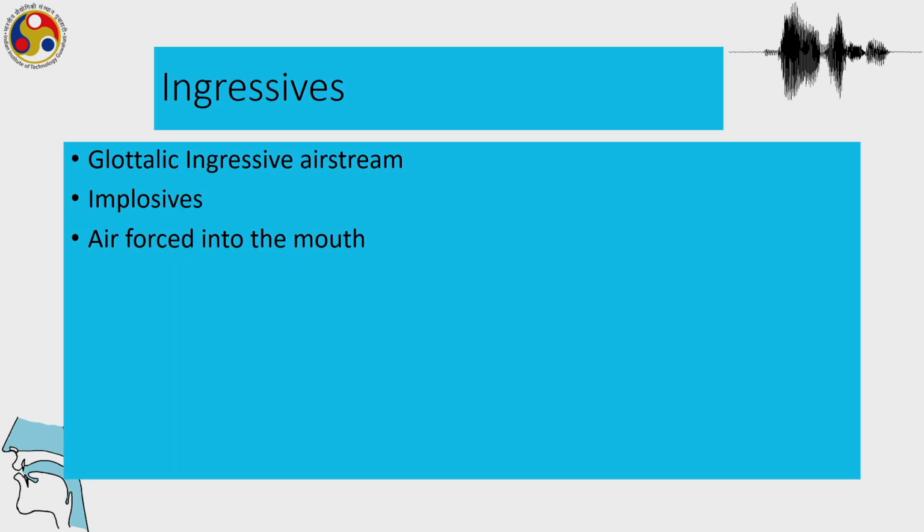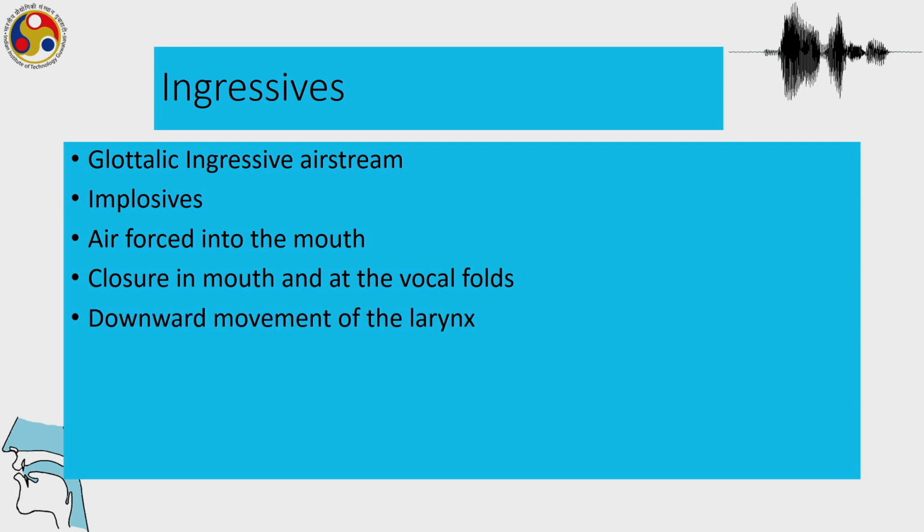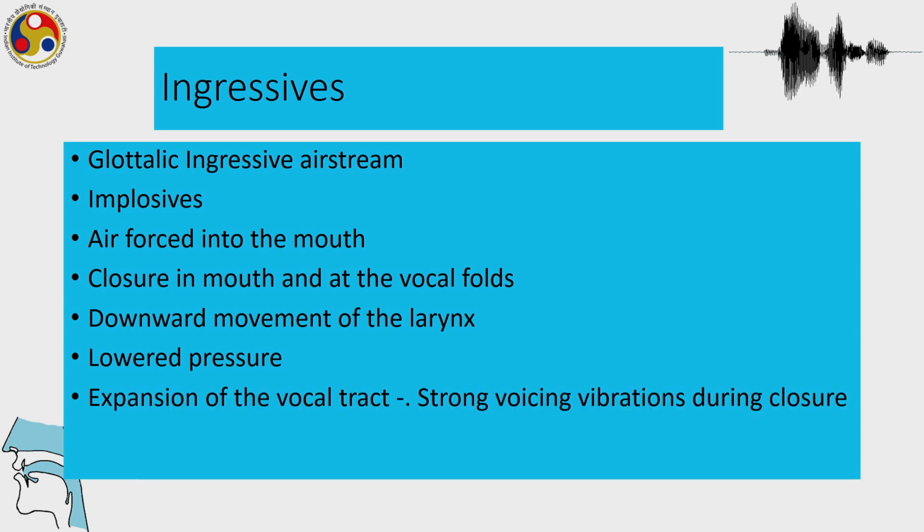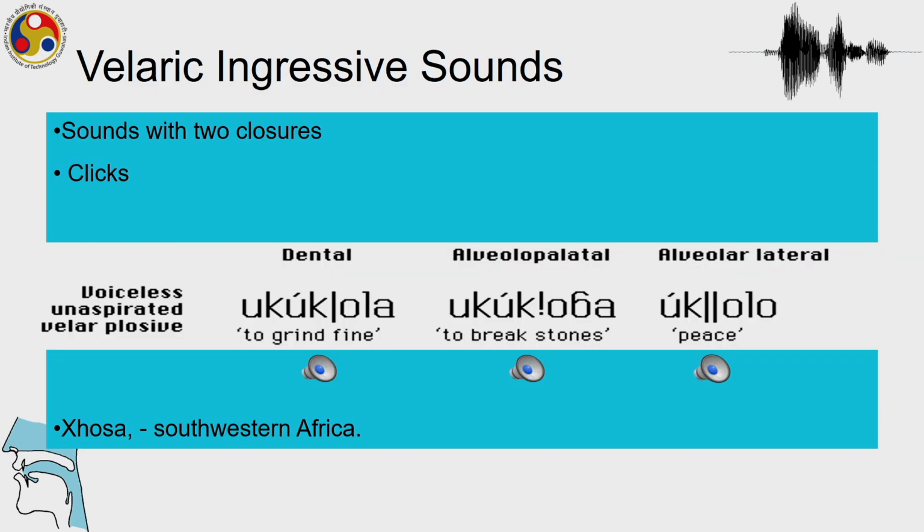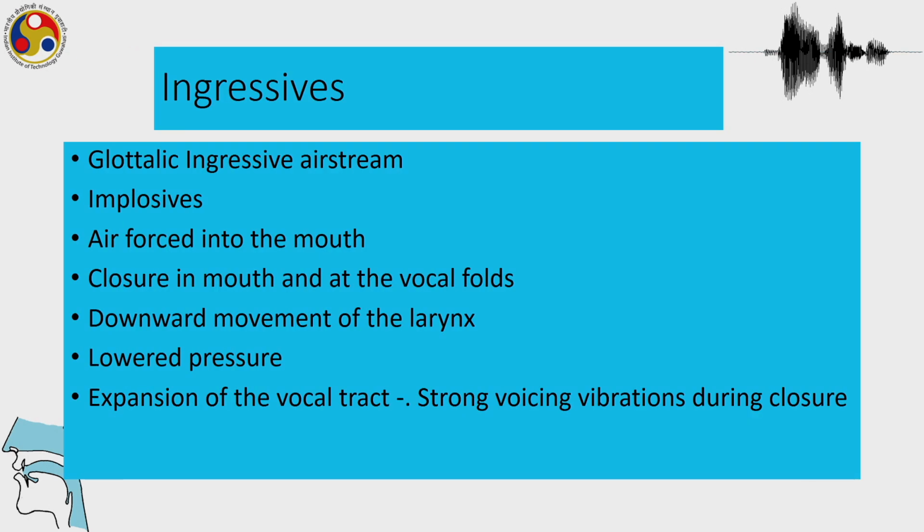So, again the glottalic ingressive airstream produces implosives, where air is forced into the mouth, with closure in the mouth and at the vocal folds, and a downward movement of the larynx, and the result is a lowered pressure and an expansion of the vocal tract, and strong vibrations because of this closure of the glottis.